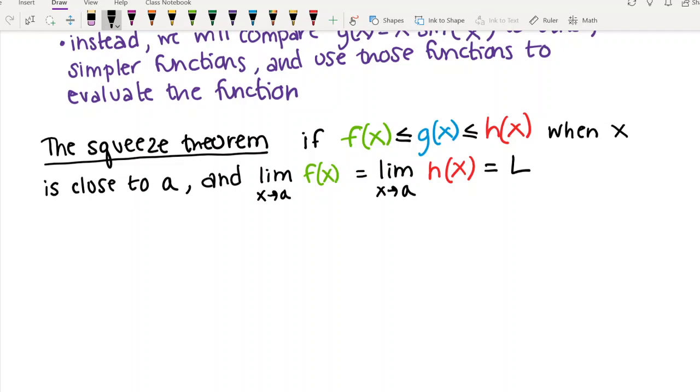Because one of them is above and one is below, the one in the middle is squeezed into having the same limit. So the squeeze theorem tells you that the limit as x approaches a of the middle function is equal to that same number.